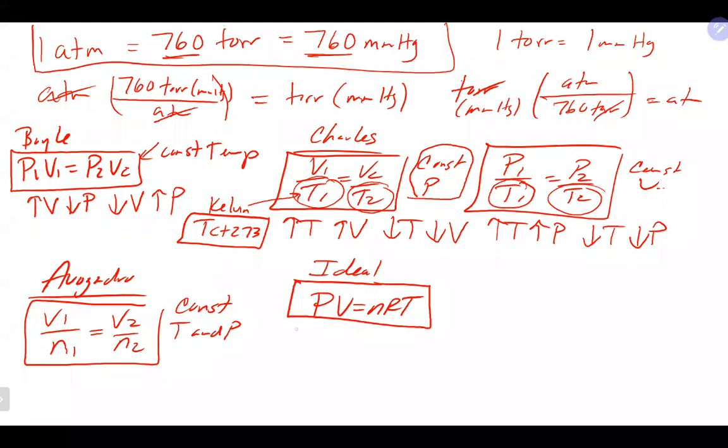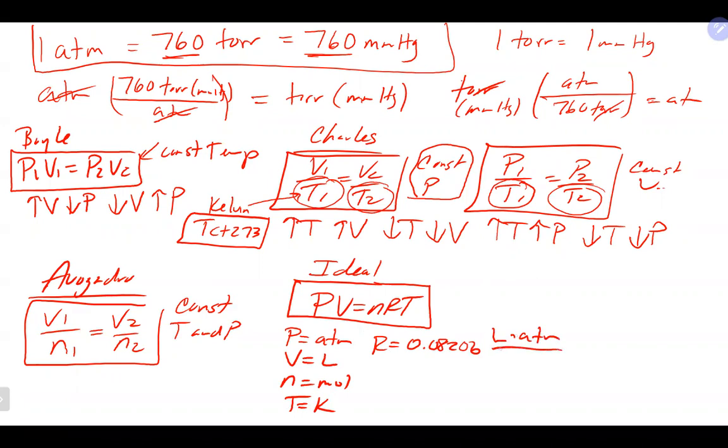When you use this, the pressure has to be in atmospheres, the volume has to be in liters, the moles has to be in moles, and the temperature has to be in Kelvin. That's because R is a gas constant, which is 0.08206, and it has units of liters times atmosphere divided by Kelvin times mole.